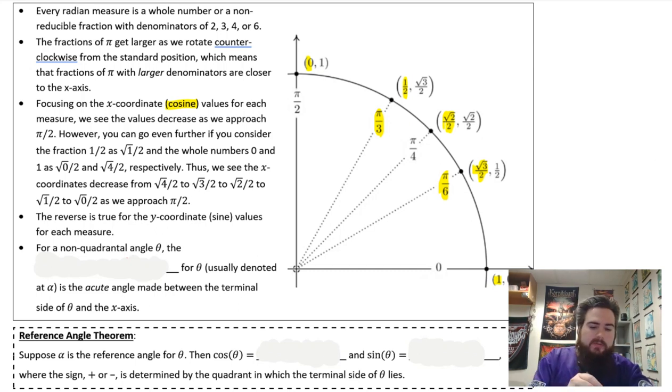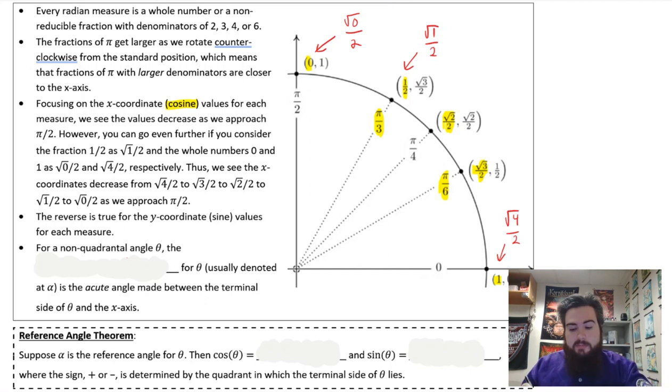As demonstrated before, if you consider 1 over 2 as square root of 1 divided by 2, if you consider 1 as square root of 4 divided by 2, and if you consider 0 as square root of 0 divided by 2, then this pattern is completely valid all the way through.